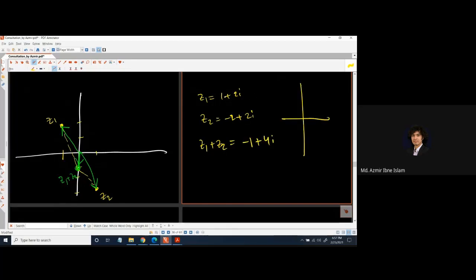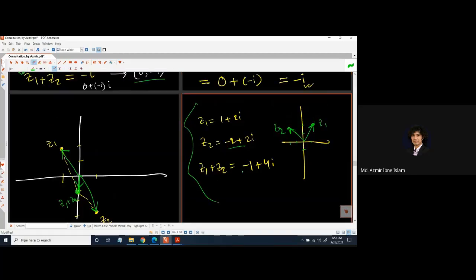So it will be here. So it is Z1, Z2. I am working with another different problem so that you can easily figure out what is the geometrical interpretation of an addition.